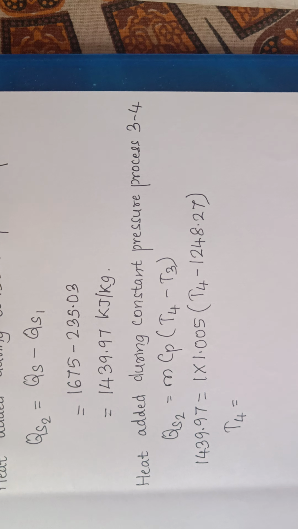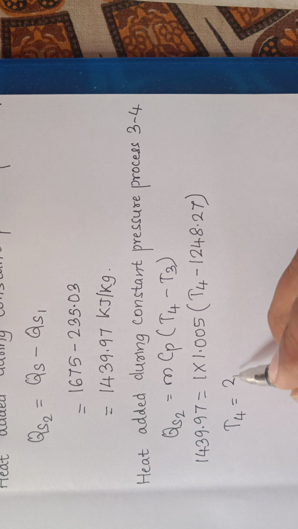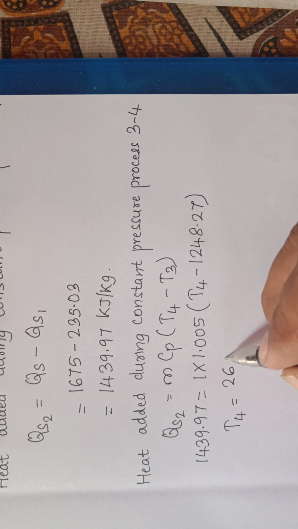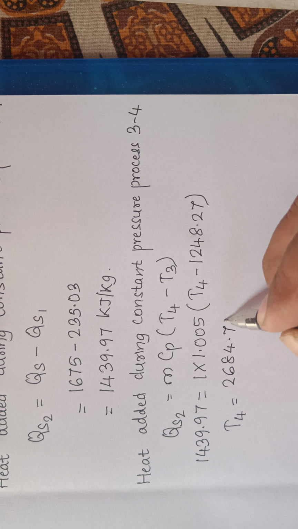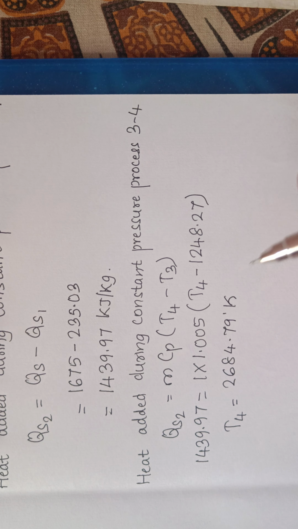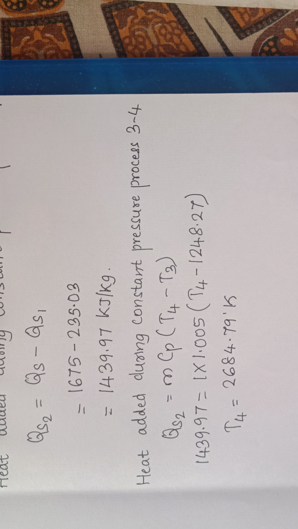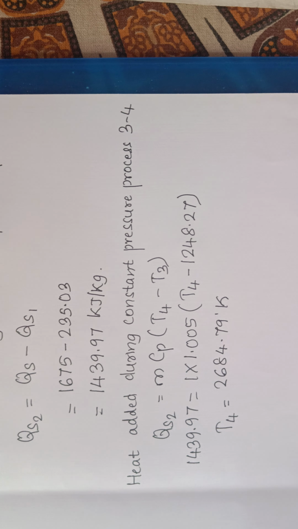So T4 you get it as 2684.79 degrees Kelvin. After getting the value of T4, find out the cutoff ratio.